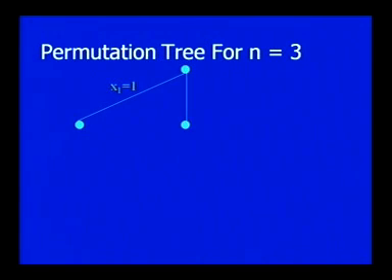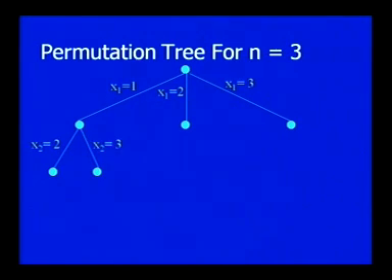Now you can see very well, there is a subtle difference. In the previous case, it was like a binary decision, but here, since it is 3, 1 is already visited, therefore, it is 2 and 3. Now 1 is visited, 3 is visited.